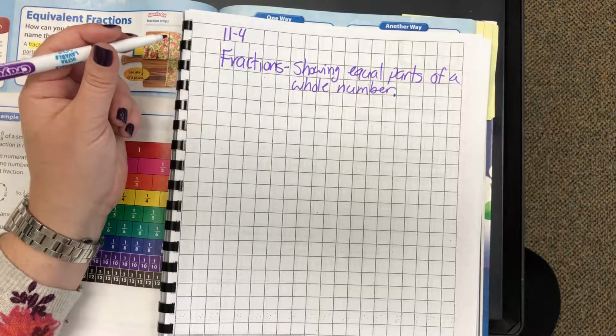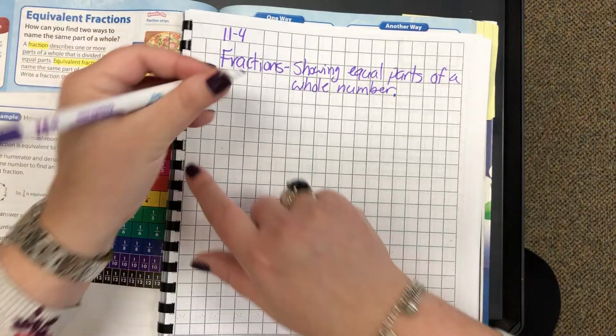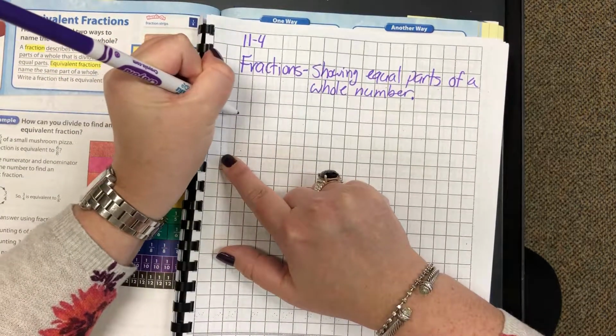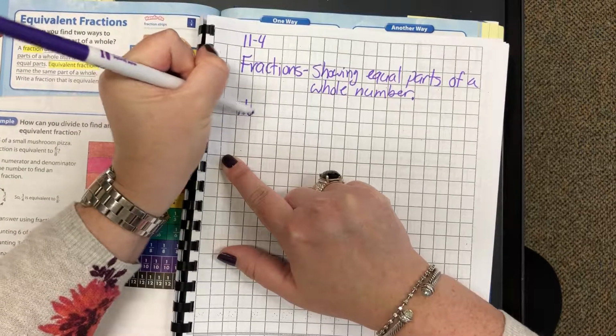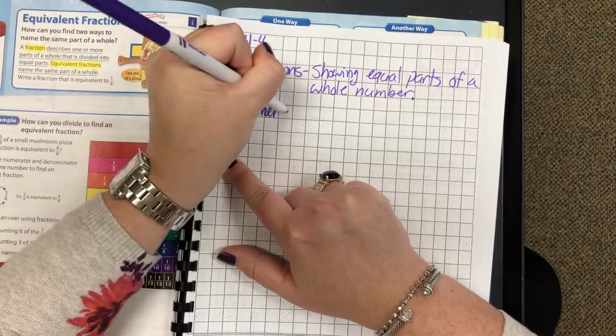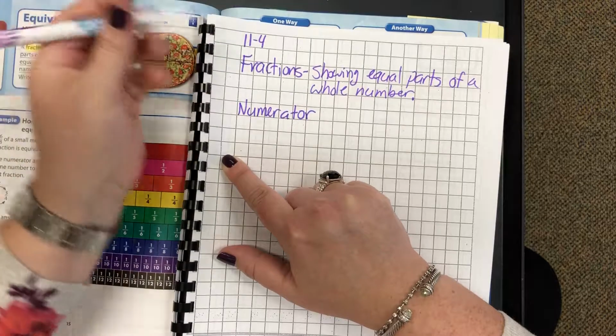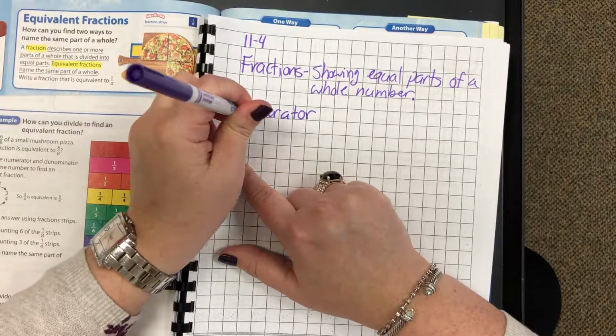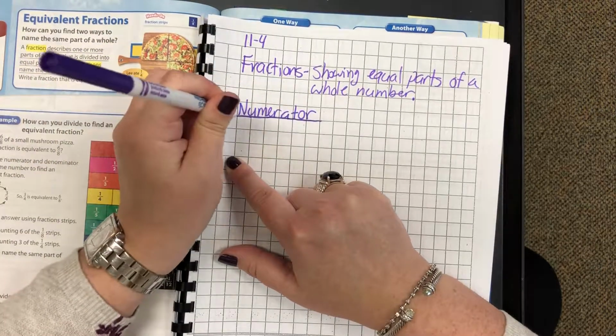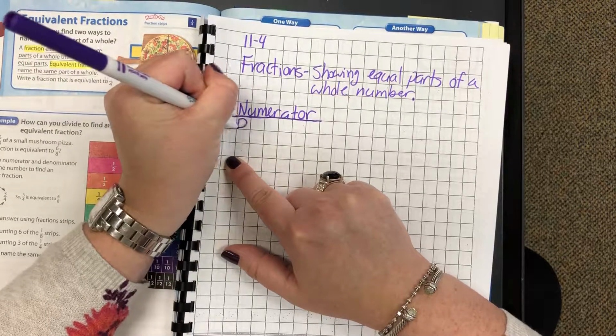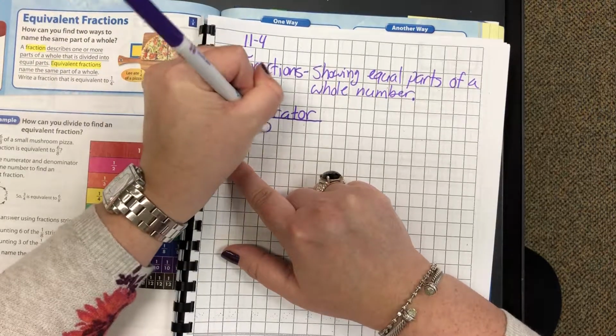Fractions are made up of 2 things. Fractions have a numerator, which goes on top of the line. We draw a line underneath it, and underneath it goes the denominator.